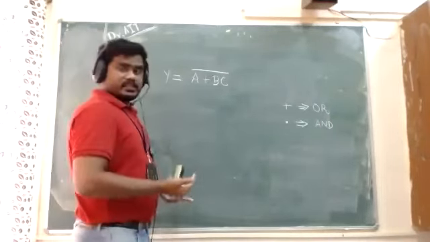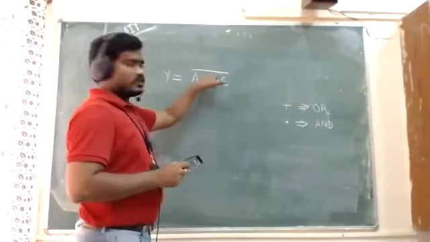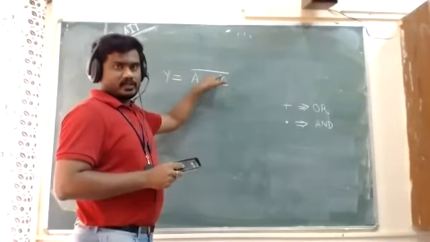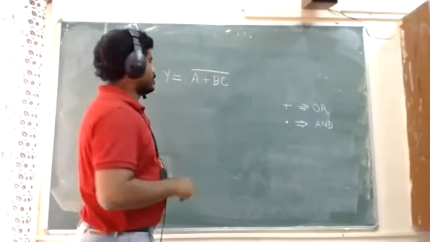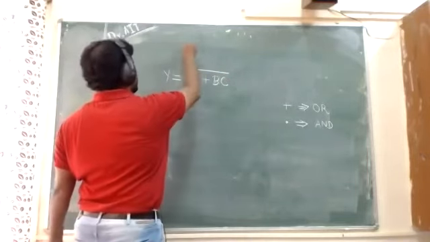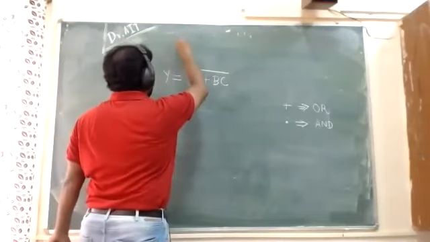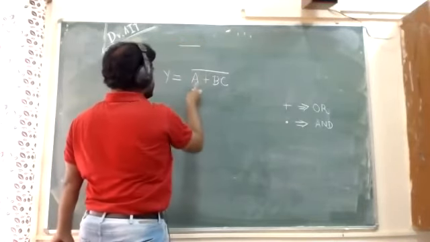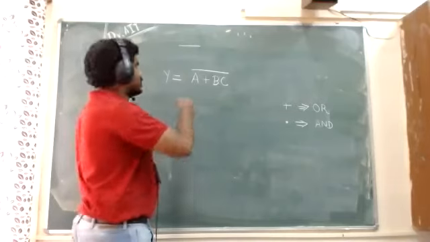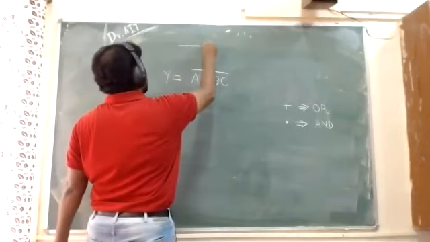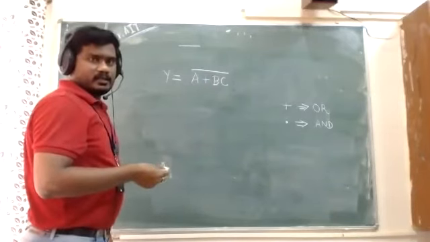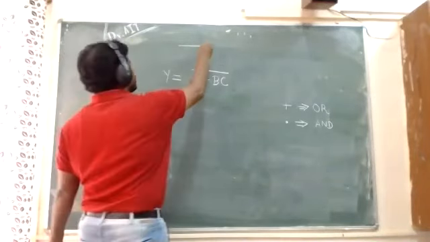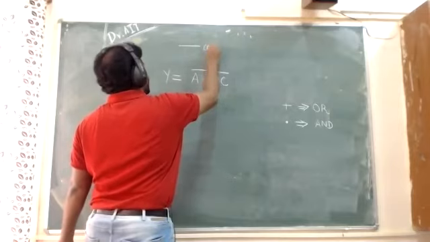Then after this, there is a bar also. We call this a complement, or we can say it as a bar. This is the complement form. If I represent a straight line above the expression, it means that whatever you get from A plus BC, that output is complemented.